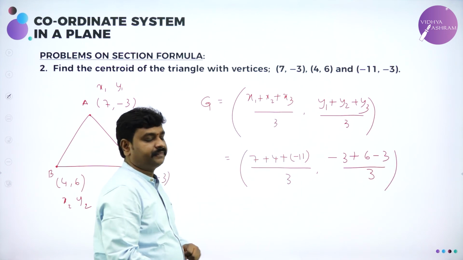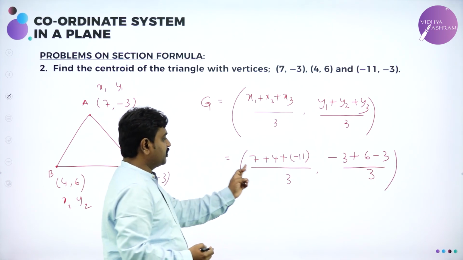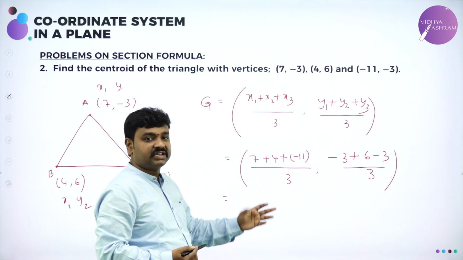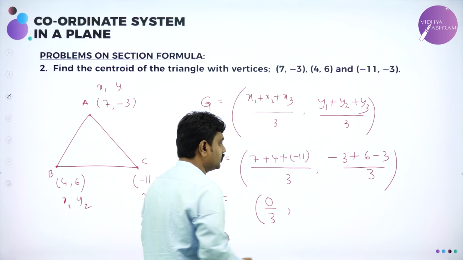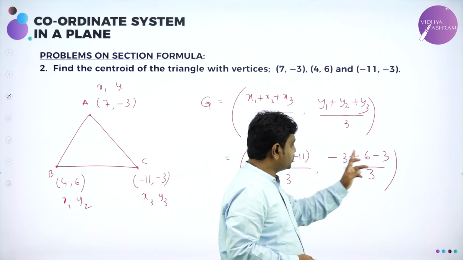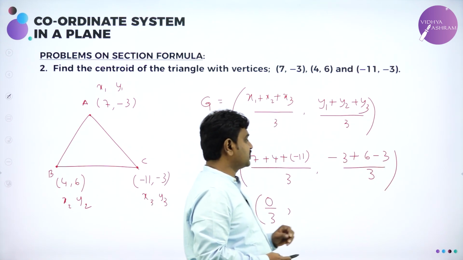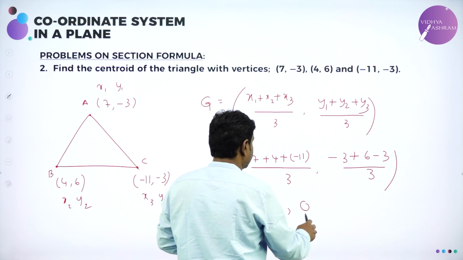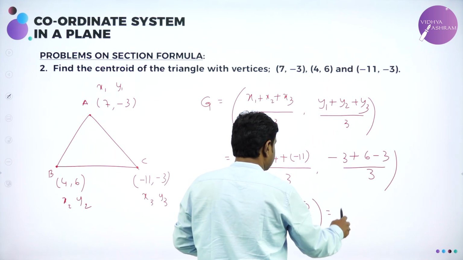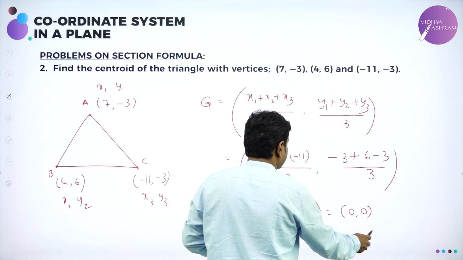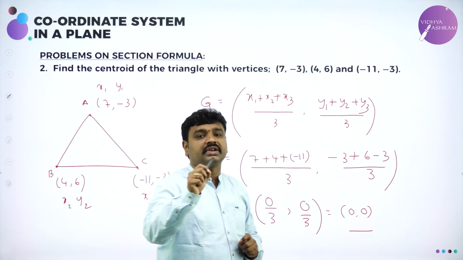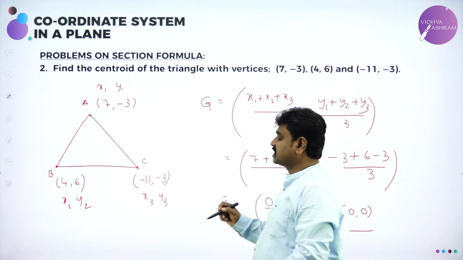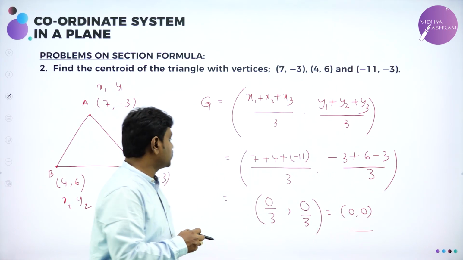Simplify this further. 7 plus 4 is 11, 11 minus 11 is 0, 0 by 3. Minus 3 is minus 6, minus 6 plus 6 is 0 again, 0 by 3. All of you know 0 by anything is 0, so (0, 0). Interesting. The centroid of the triangle formed by these vertices is the origin.